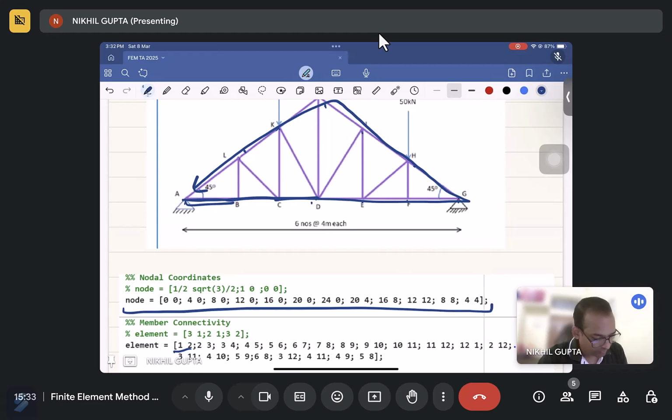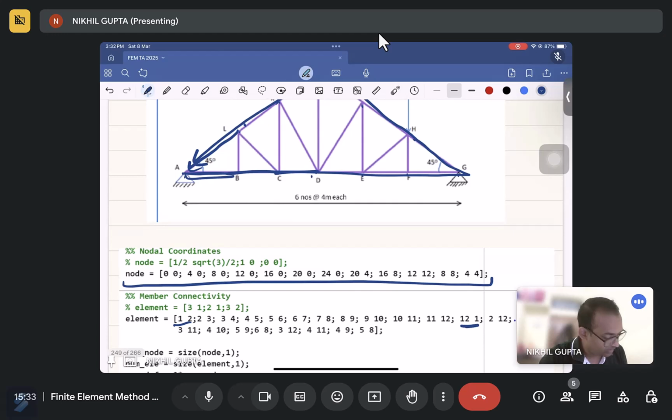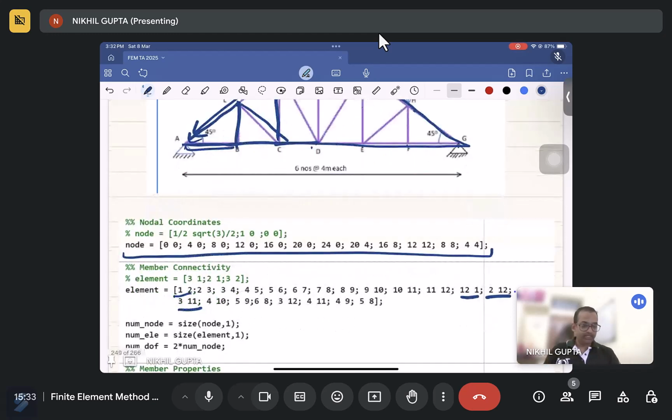Now after 12, you see 12 is connected to 1, so you have shown here 12 to 1. Now extra members are there; you have to mention that as well. So 2 is connected to 12. Similarly, 3 is connected to 11.